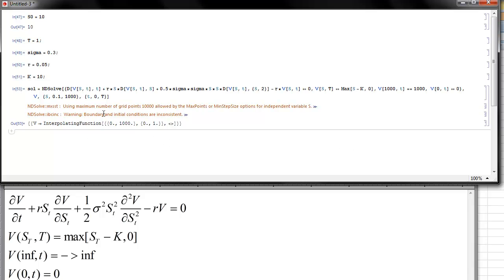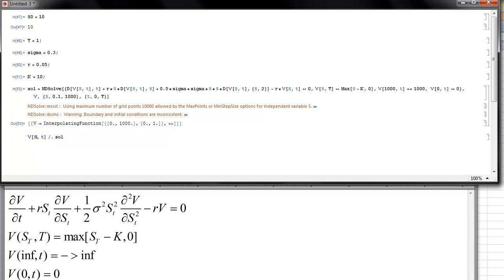Let's see what it has returned. So this is basically some kind of solution. It doesn't tell you explicitly anything about the grid, but we are able to obtain the solution from this output. Okay, so we say v as of t, take v as of t and put in the solution.